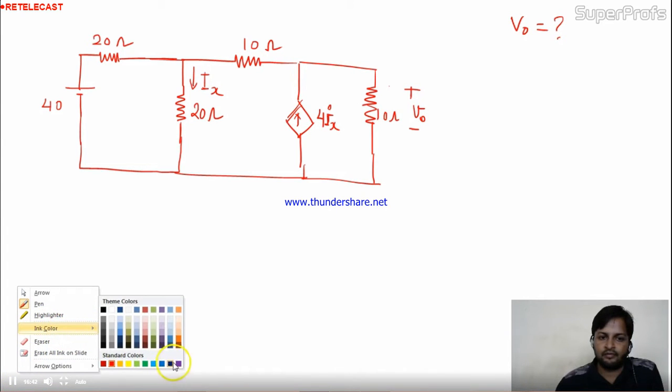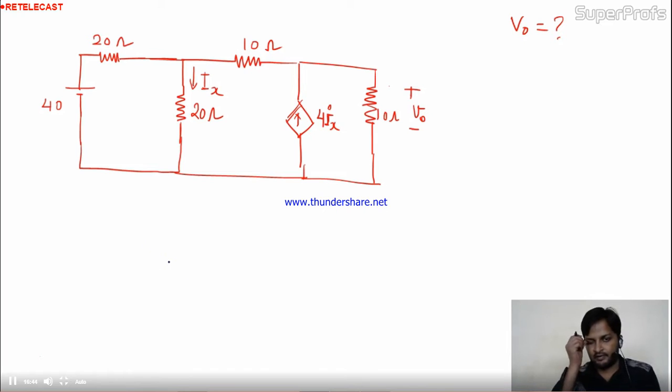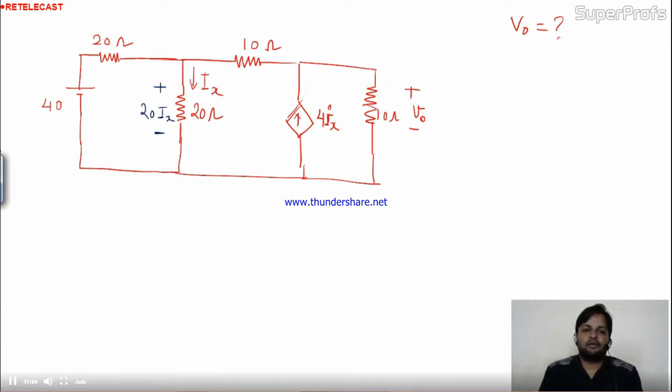Now come to the circuit analysis. First we'll smash the circuit. Smash means whatever information is available, apply that first. Ix is going to this side, means the voltage drop across this is nothing but 20 Ix. Tell me any problem. Simple Ohm's law I am applying here. Current into resistance is nothing but the voltage.